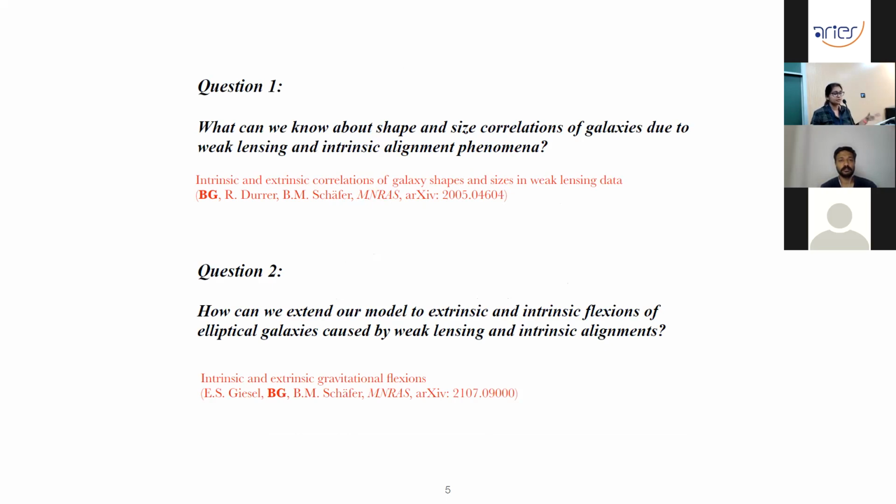So we want to see how they are correlated with each other, how significant their contribution is, and how we can measure them, like what is the signal to noise ratio. That is the main question. The other thing is, if we extend our model to a higher order, that is called the flexion. By extrinsic I mean lensing, and by intrinsic I mean intrinsic alignments. So what is the contribution of even higher order contributions of this tidal shear?